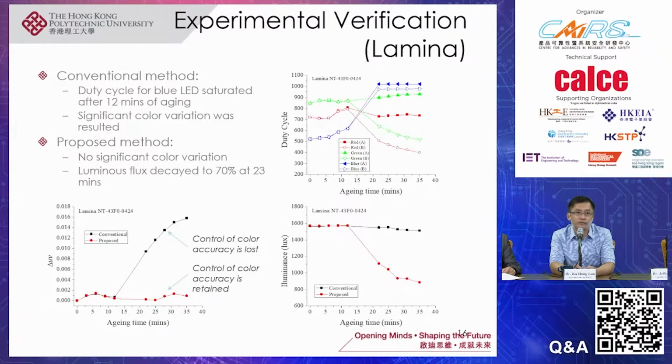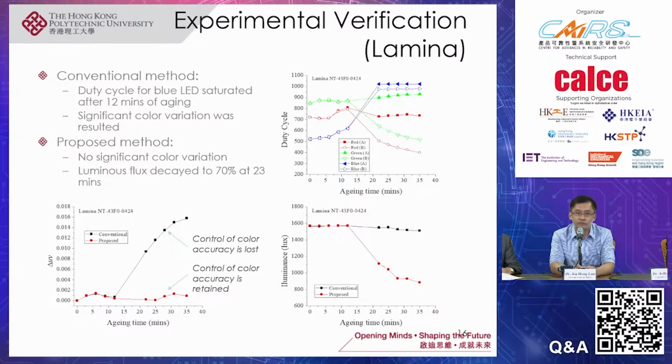So we can see that the color accuracy can be maintained up to around 22 minutes, where the luminous flux of the total light output of the LED has dropped to below 70%. This is another criterion for declaring the end of life of an LED system: where the luminous flux has decayed to below 70%, we say that the LED lighting system has reached the end of its life.